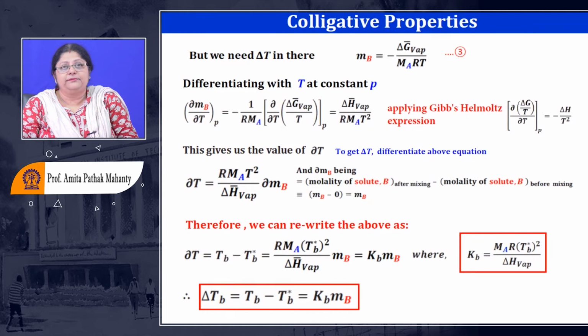The boiling point after mixing compared to the boiling point before mixing, which was the pure solvent, this difference is going to be a finite, positive value. So we have a change in temperature which we can monitor, which you already know, and nothing is new here.